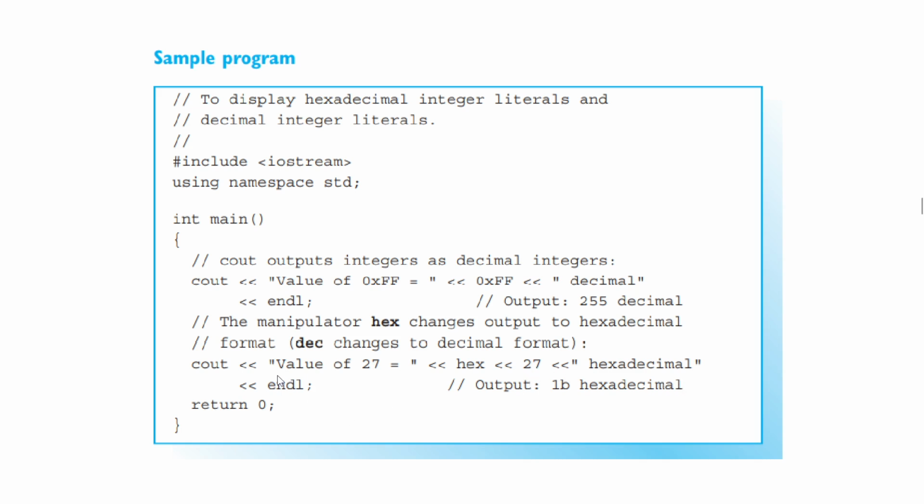So we have here the string value of "27 equals" and hex. As soon as we input hex in here, that changes everything. And then we just put 27. As soon as we put that 27 next to the hex, that's going to be output as 1b, rather than getting output as 27. It is actually being output as 1b hexadecimal.